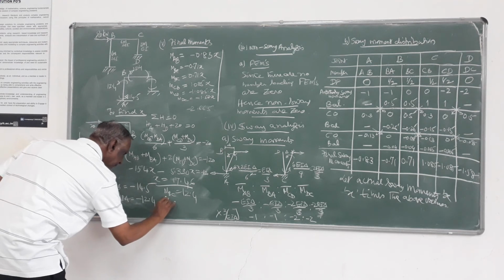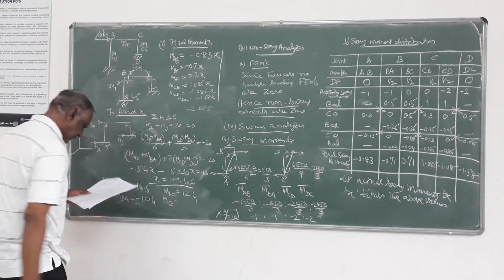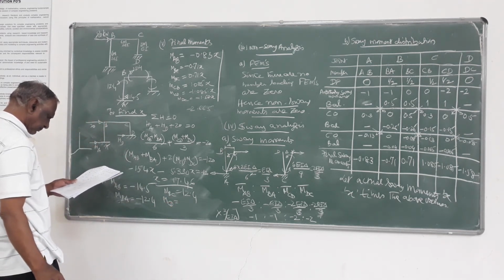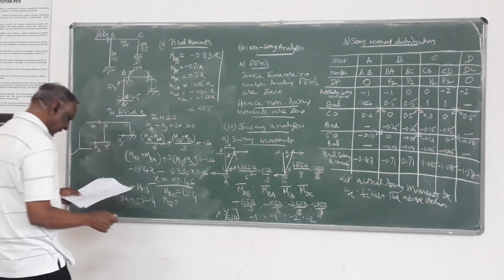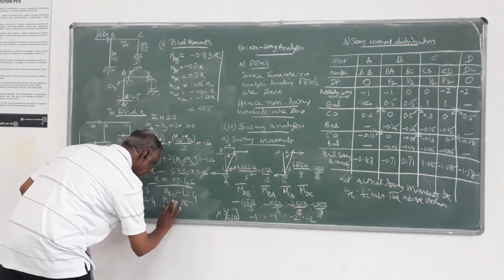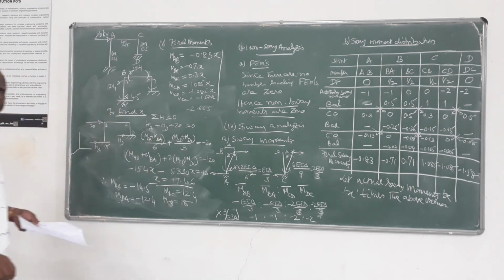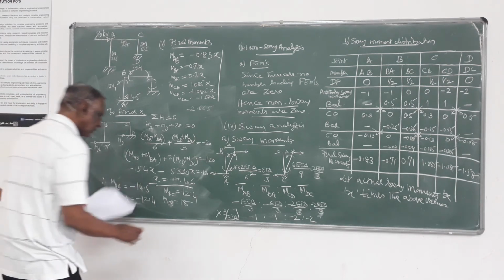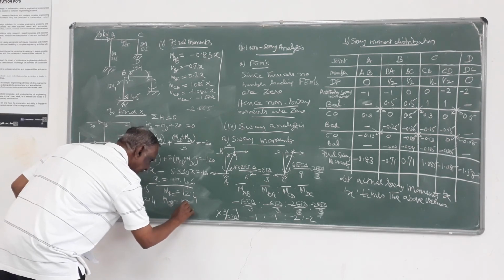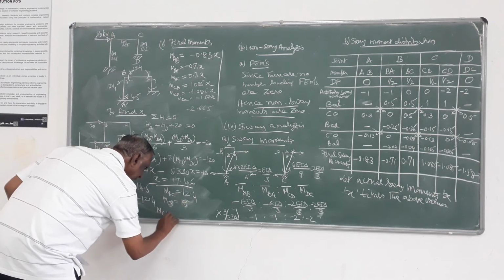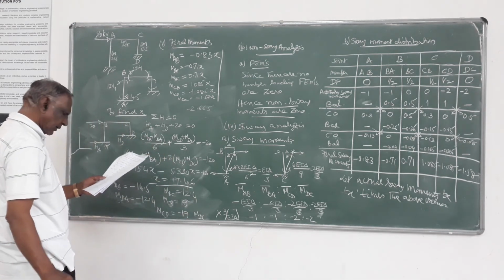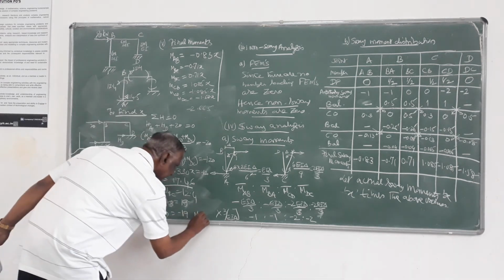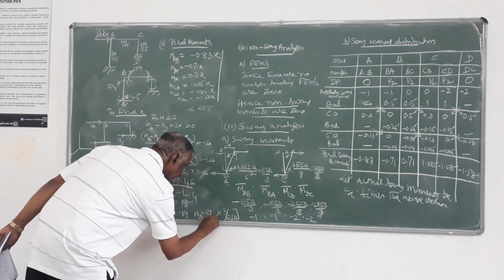Then MCB is 18.94, and MCD is minus 19, I think. Yes, 18.94. MCD minus 19 and lastly MDC you will get minus 27.6. These are the final moments.